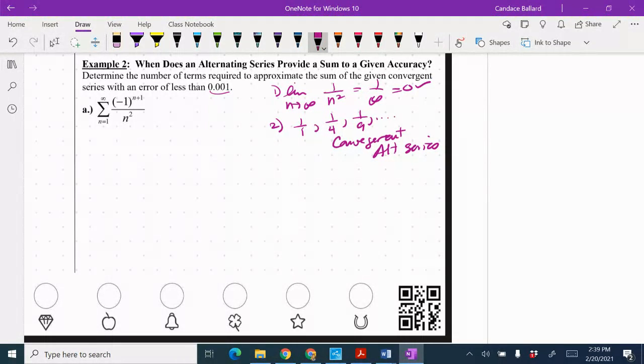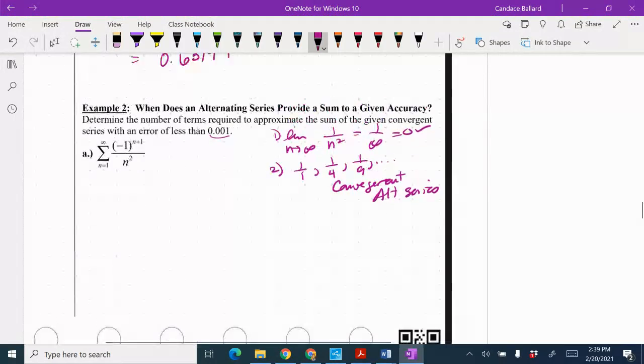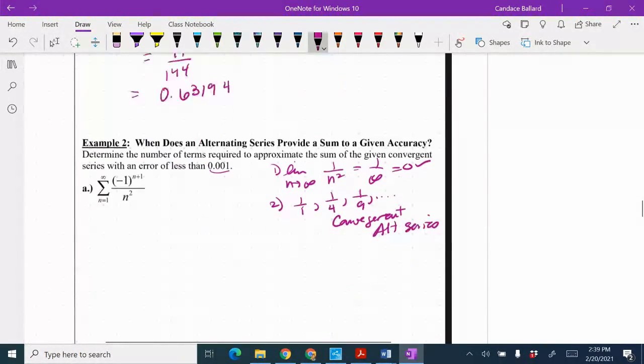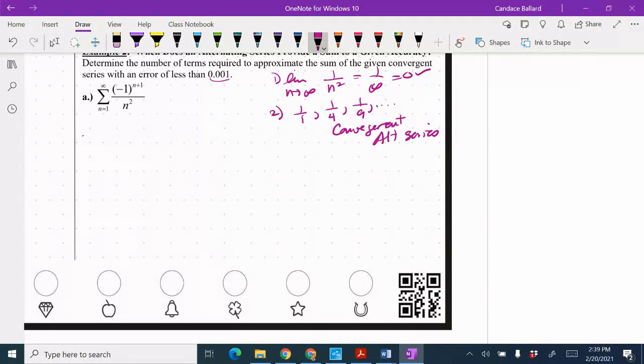All right, so let's go ahead and do our error bound. So now I want to use this formula here. We know that the sum minus s sub n, which is equal to the remainder, is less than or equal to the next term in line, which we want less than or equal to 0.001.